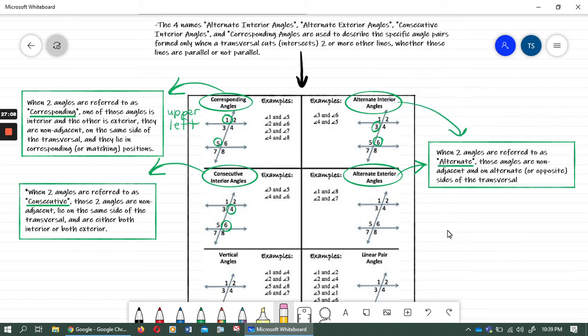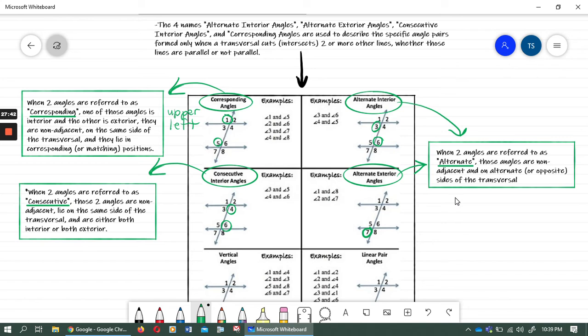Okay. So again, guys, that's alternate interior angles. Let's hurry up here. Alternate exterior angles would be, so if I picked an angle like angle 7, the angle that would be alternate exterior with that one would have to be another exterior angle that's not adjacent to it, so it can't be angle 8, right?